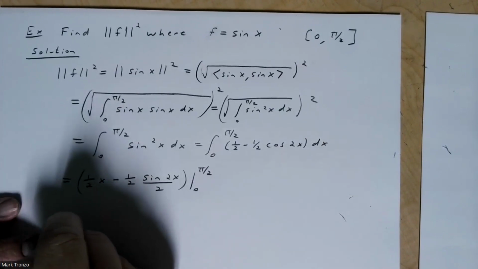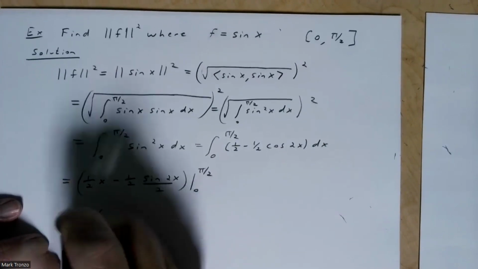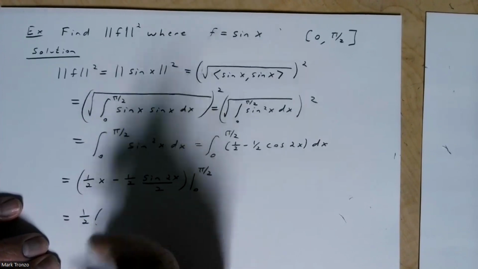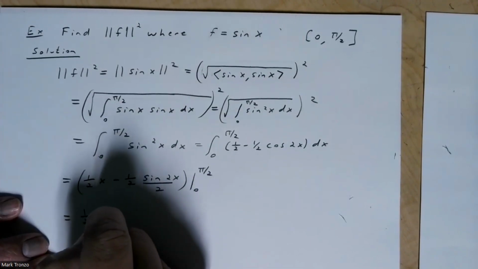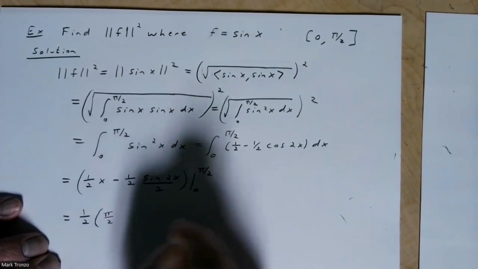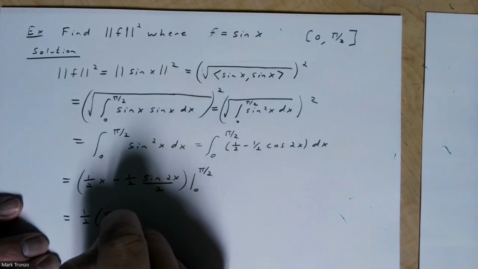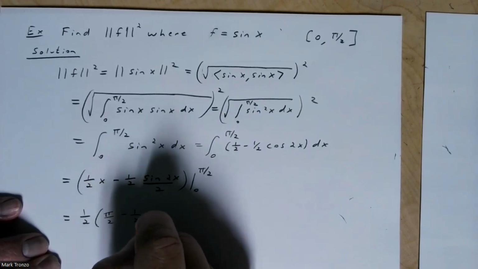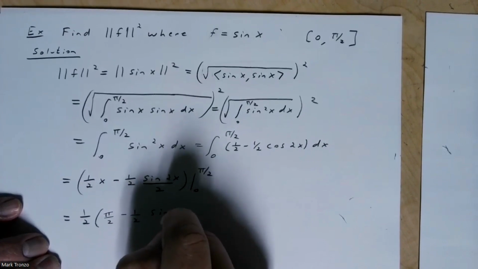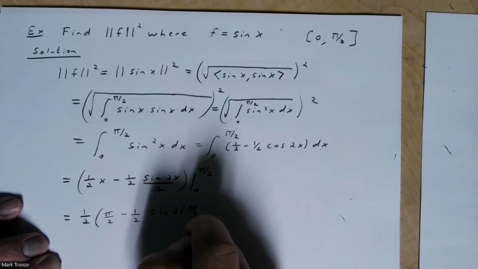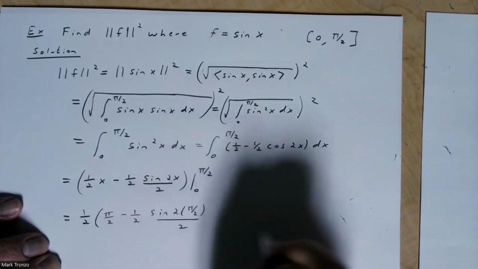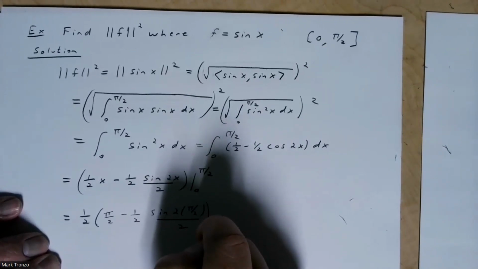That's going to be 1/2, half sine 2 pi over 2 over 2.